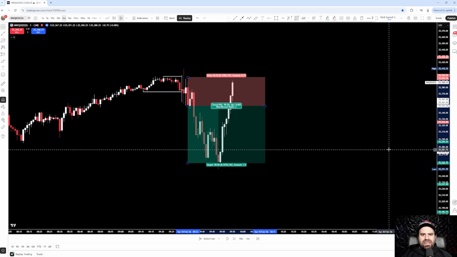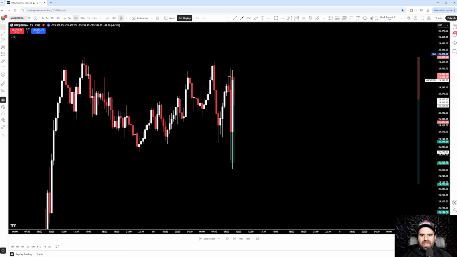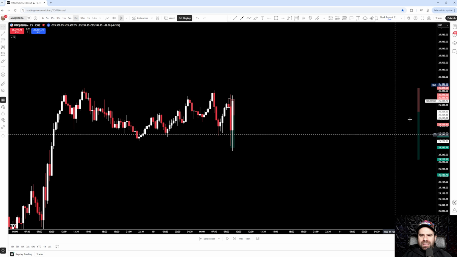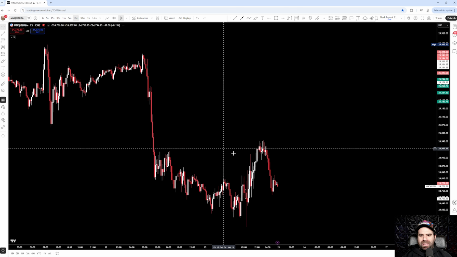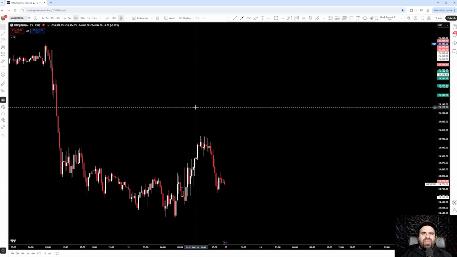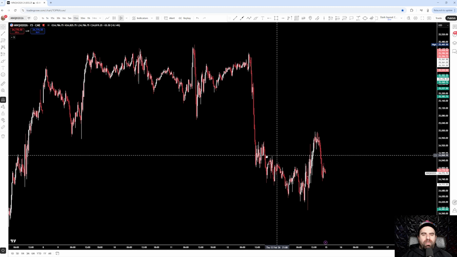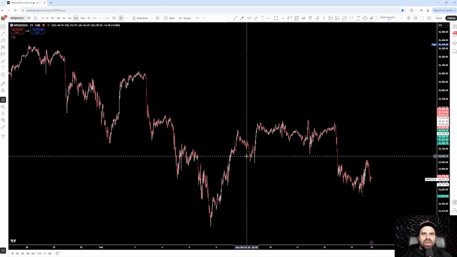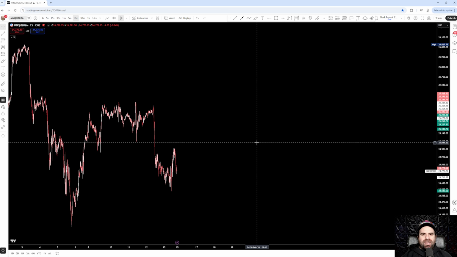So you can adjust some things on this strategy and make it work for you. But I have shown you a way to identify liquidity at the open with a 3 candlestick pattern, either bullish or bearish, and you can go ahead and download the free PDF on this spectacular strategy.